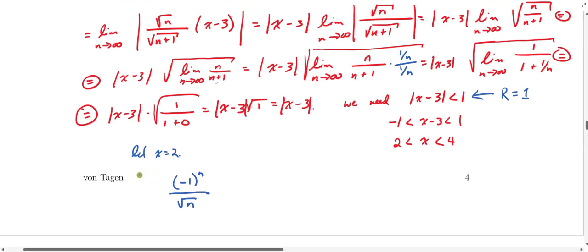So let's write that as the sum from n equals, I think we started at n equals 4, to infinity. But this series, just like we saw in one of our last examples, converges by the alternating series test. Why? Because one, it alternates. Two, the non-alternating term is always positive, decreasing, and converges to 0. So we know that we're going to include 2 in our interval of convergence.